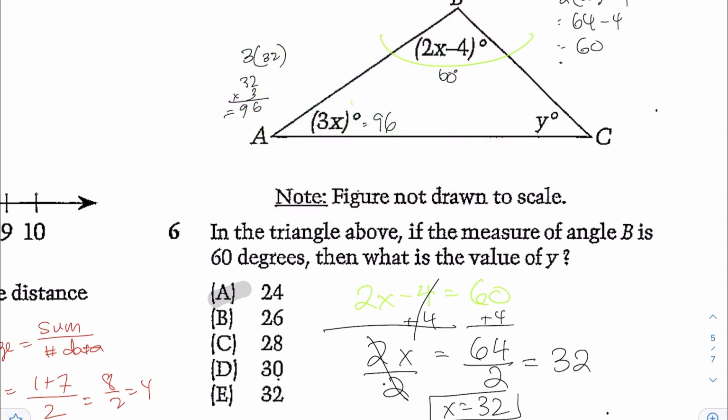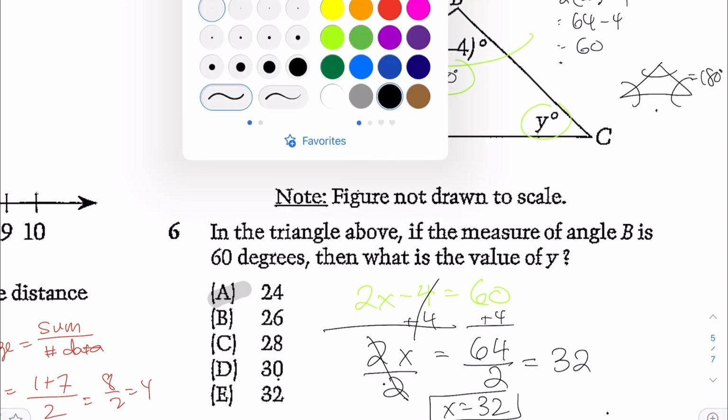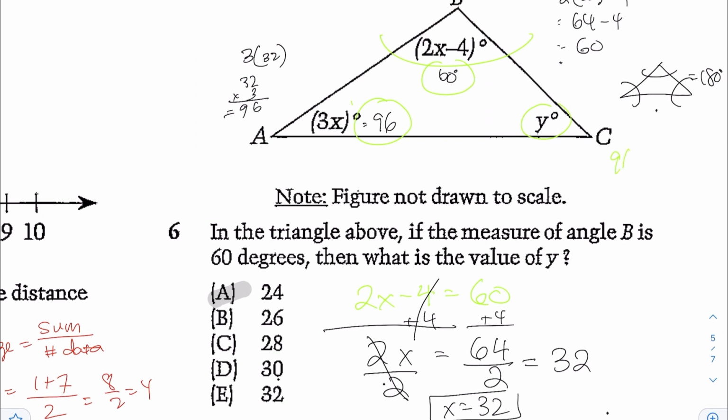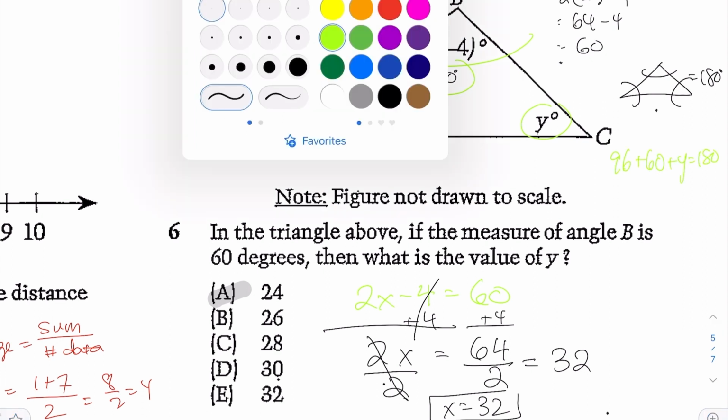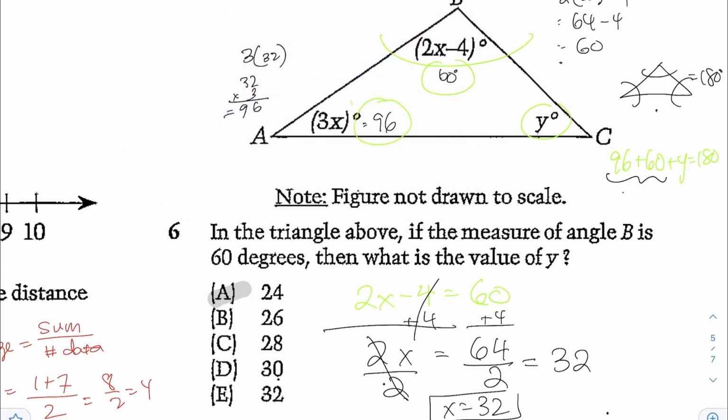Now the three angles in a triangle have to add up to 180 degrees. So you end up with an equation: 96 plus 60 plus y has to be 180. And here 96 plus 60 is 156. So 156 plus y is 180. If you subtract 156 from both sides, you get y is equal to 24 degrees.